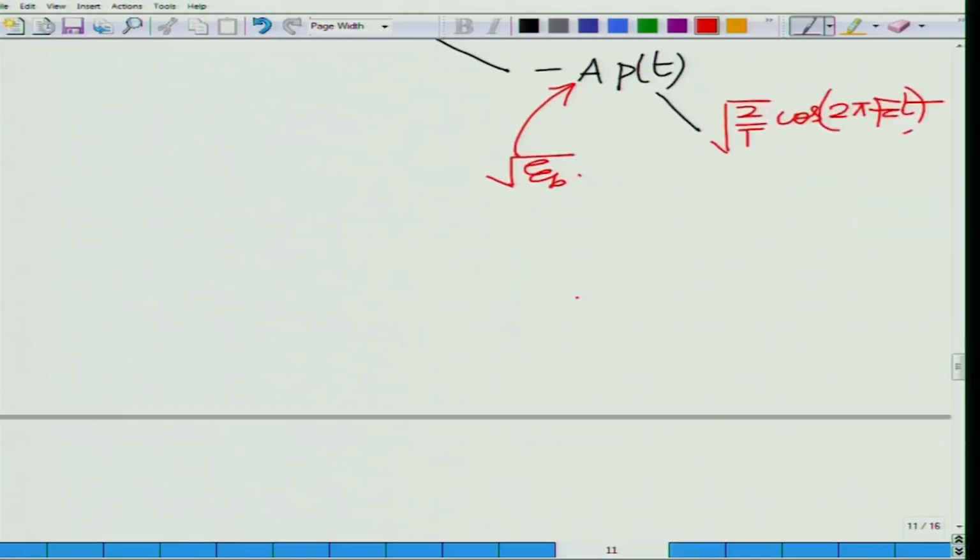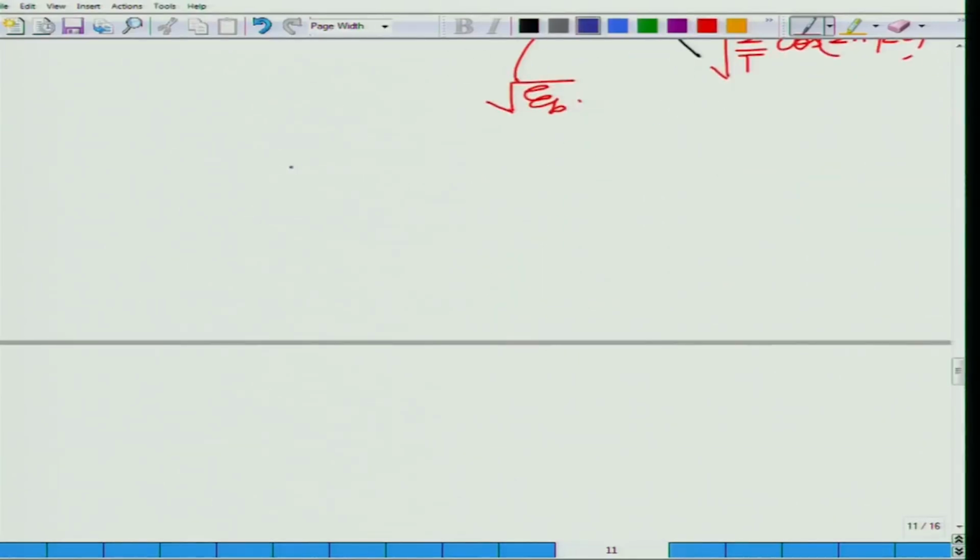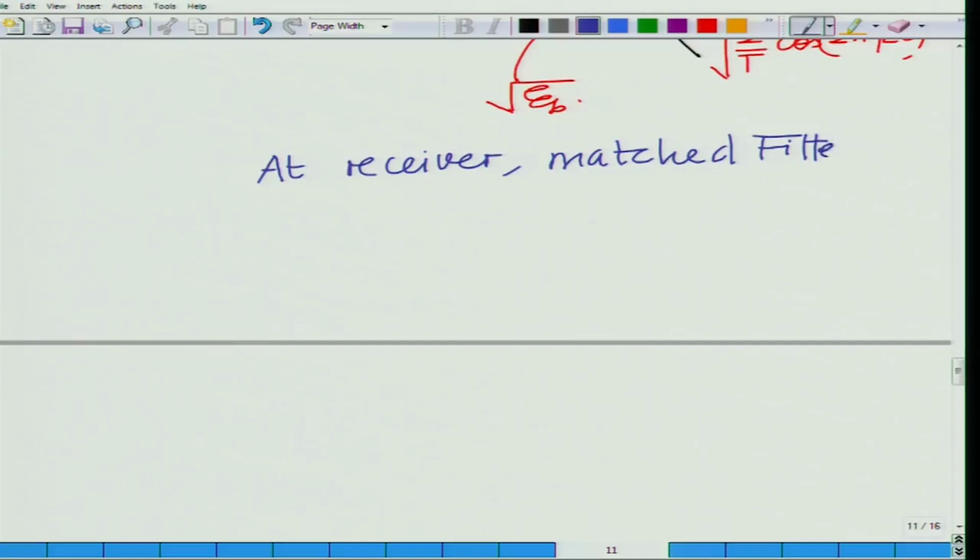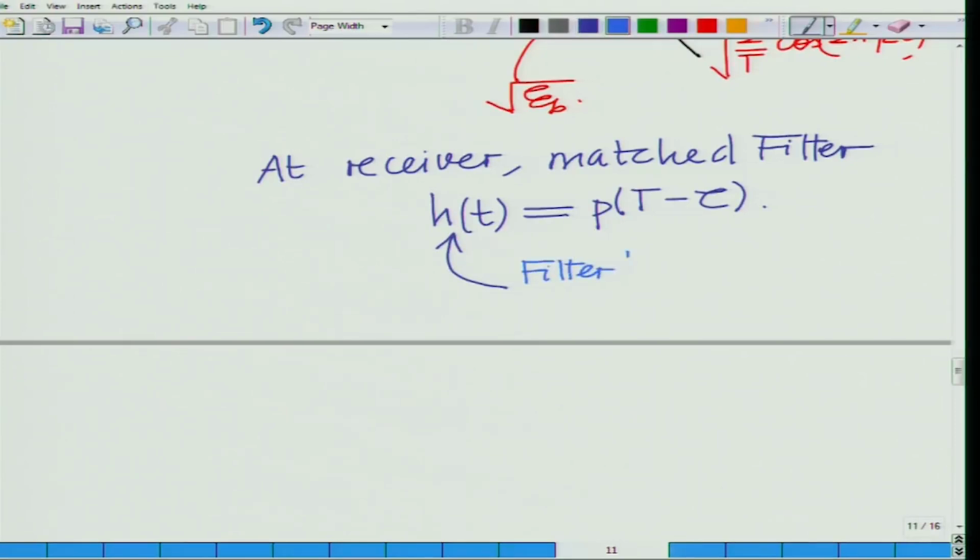So, we know the matched filter at the receiver is h(t) equals p(T minus t), that is, optimal processing is to filter by h(t) followed by sampling at capital T.